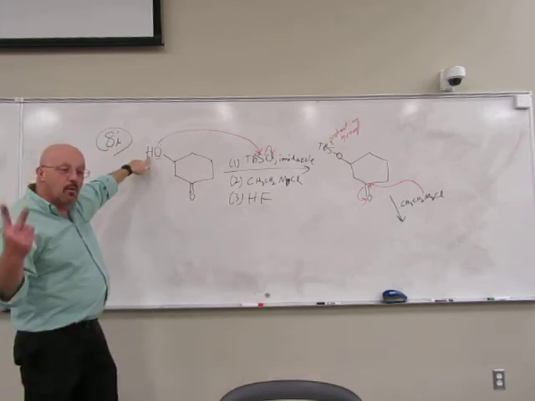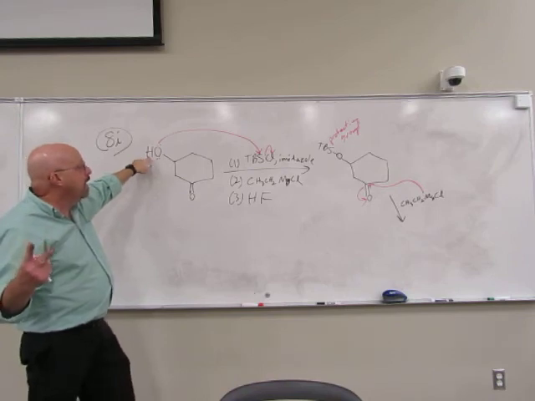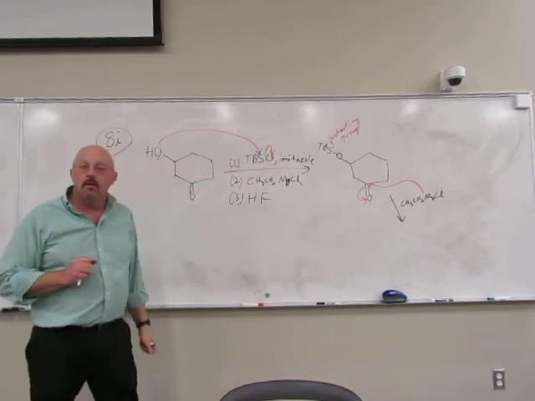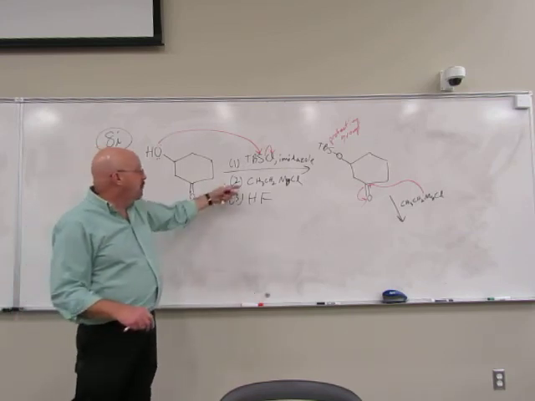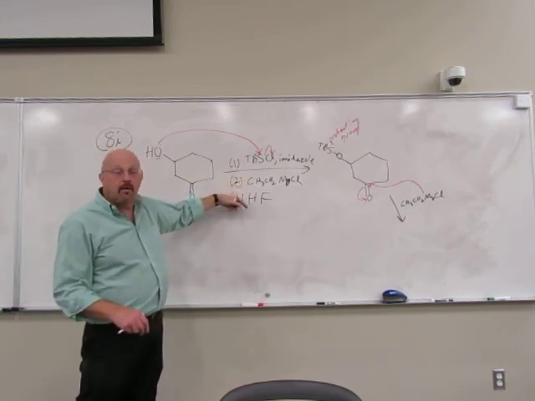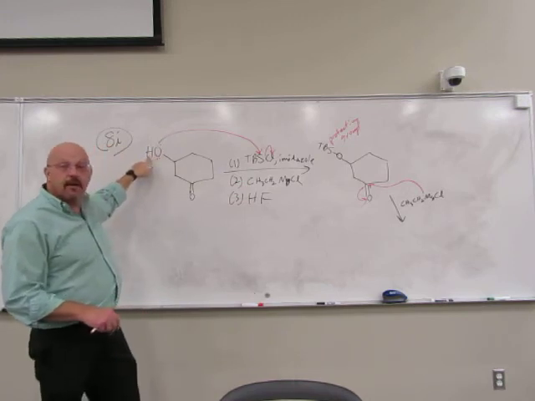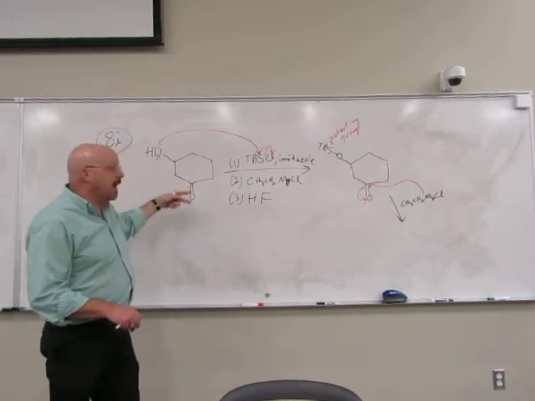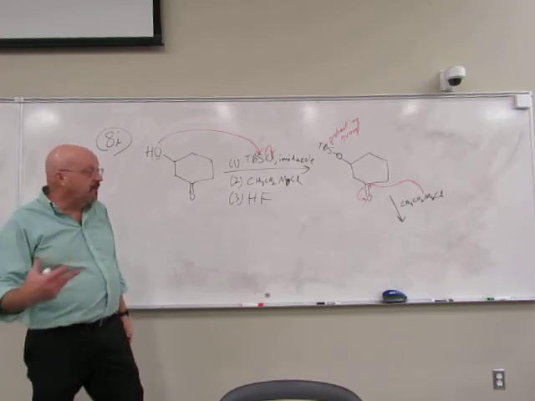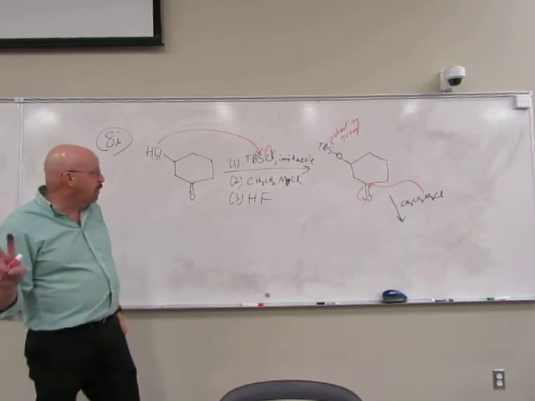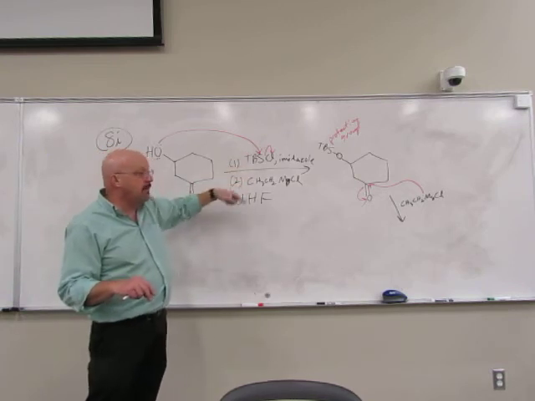We talked about two ways to get around that problem. One way is to put a protecting group on, and that's what this problem had. The other way, the easier way, is just to react with two equivalents of Grignard. Yes, one of them is wasted on the acidic hydrogen, but then the second one can react with the carbonyl.